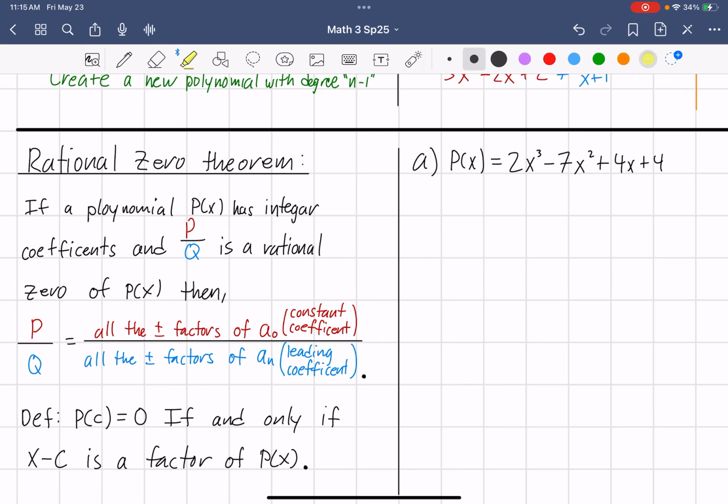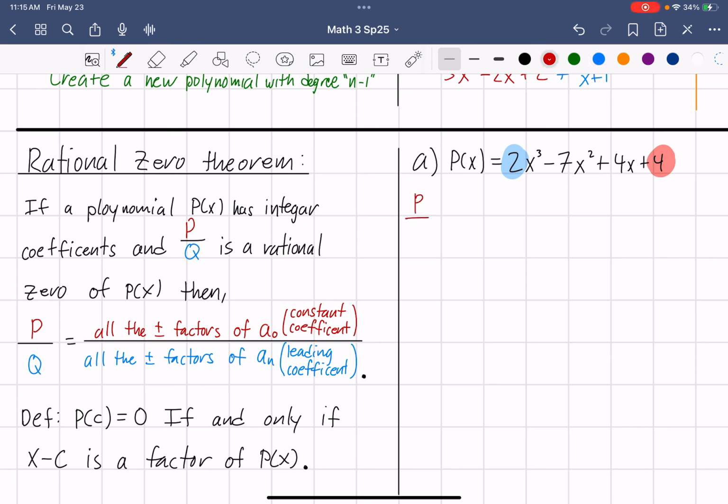So here we go. We have our p. Remember, p is the constant. q is the leading. And all I have to do is divide the different combinations of factors. So we start with p to make my list.